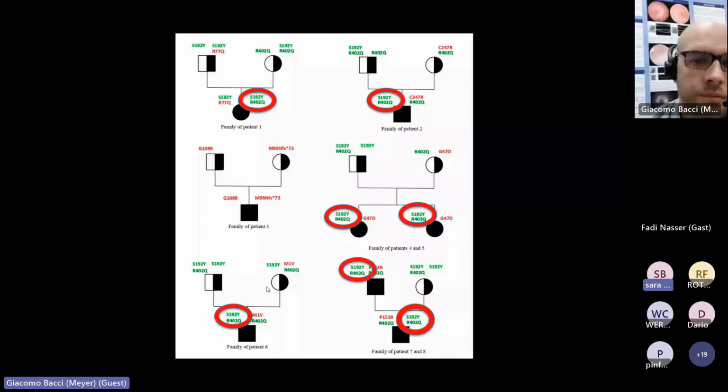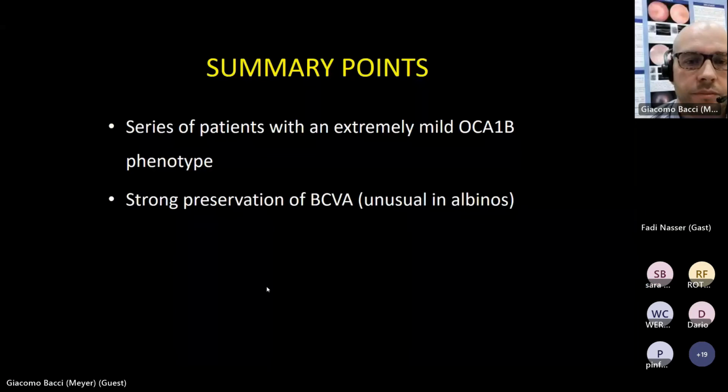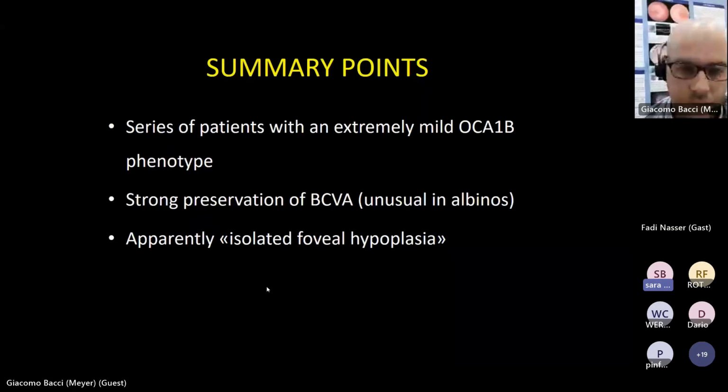So what we got from this case series, if you could move on, next slide, Giacomo, is that we started with a series of patients that had an extremely mild phenotype of isolated foveal hypoplasia, but after this we could reclassify them as a mild OCA1b phenotype. These patients had a strong preservation of the visual acuity, and initially they were considered isolated foveal hypoplasia.